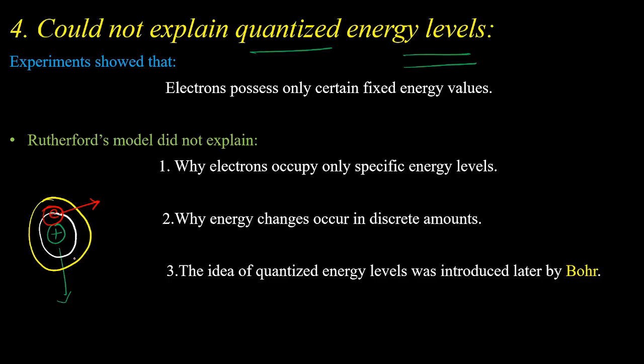He has not given any specification of the circular paths where the electrons stay and rotate around the nucleus. He has not mentioned any amount of energy for the electron when it is rotating around the nucleus in any circular path.